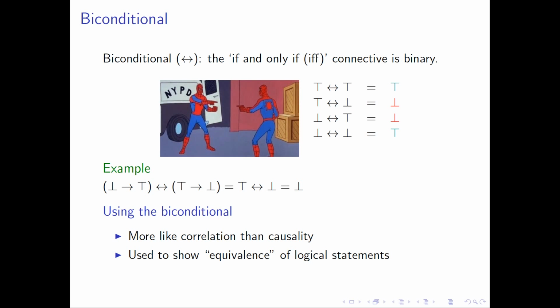So variables are symbols that stand in the place of values. If we want a propositional formula, well, every variable is a propositional formula in itself. If we have two propositional formulas, we can connect them together, for example, by a NAND. Okay, and what we end up with is still a propositional formula.